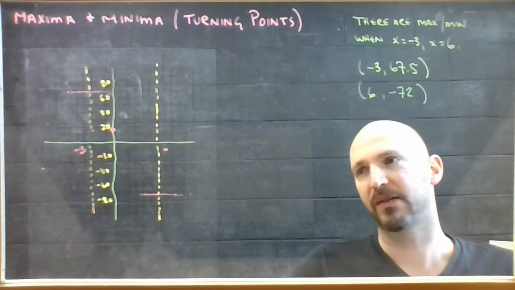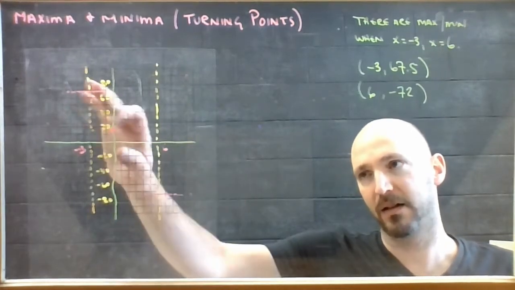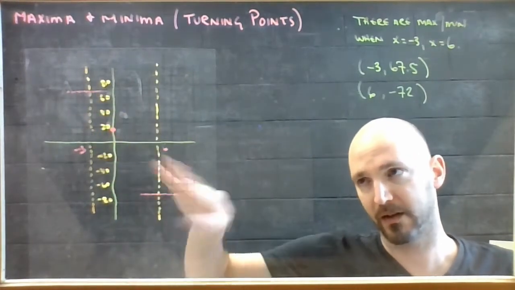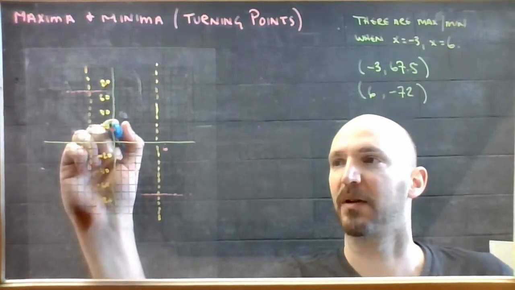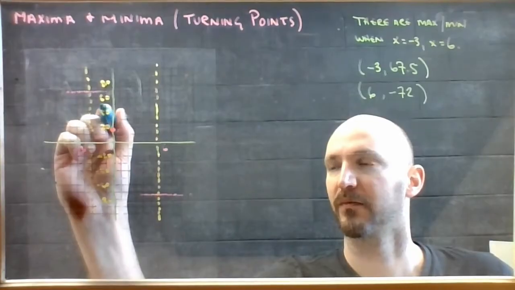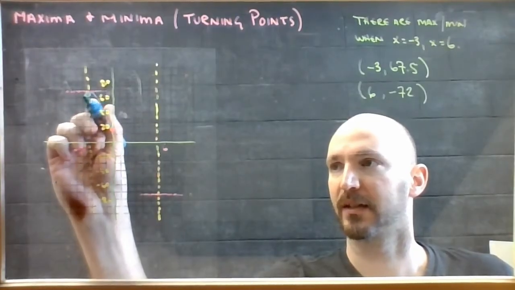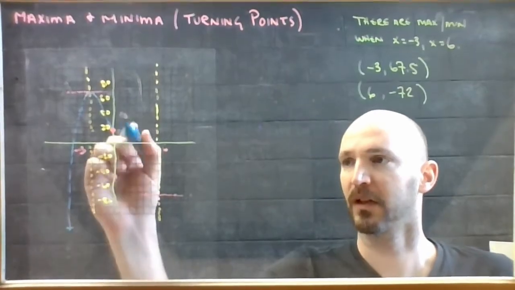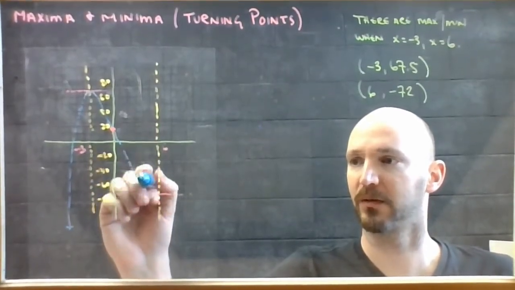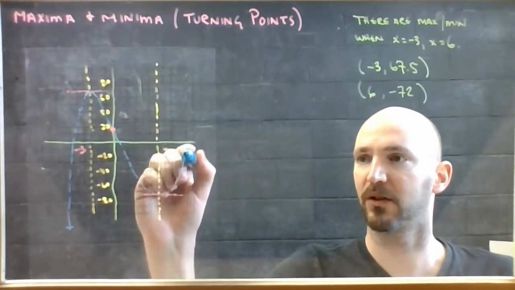So with a y-intercept here and an approach line there and approach line there, the only way I can draw this is to come up from that, crest, and then come back down, and to come like so, trough, and then go back up.